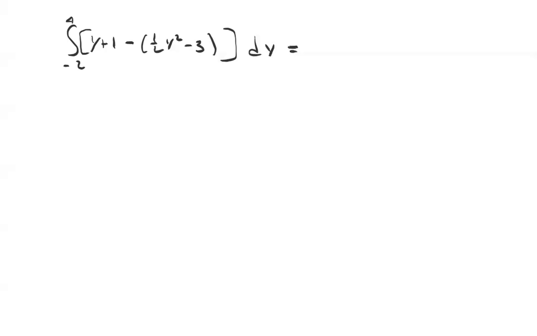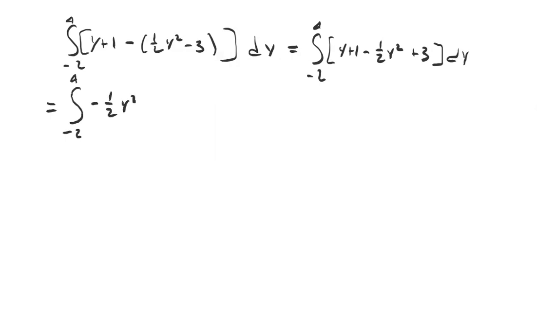So this is equal to the integral from negative 2 to 4 of y plus 1 minus 1/2 y squared plus 3 dy. So this is the integral from negative 2 to 4 of negative 1/2 y squared plus y plus 4 dy.